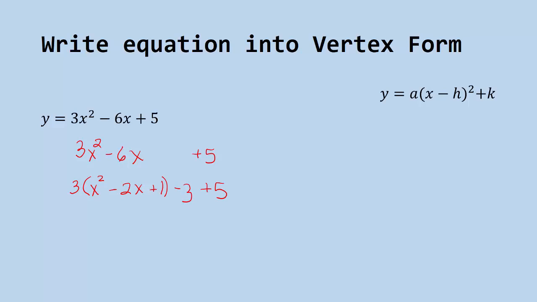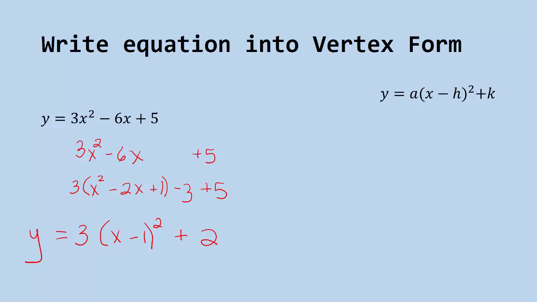Now I'm going to rewrite this with the perfect square trinomial written in squared form. So I end up with 3 times x minus 1 quantity squared. Negative 3 plus 5 is going to give us a positive 2. And so now we have the information to find our vertex.